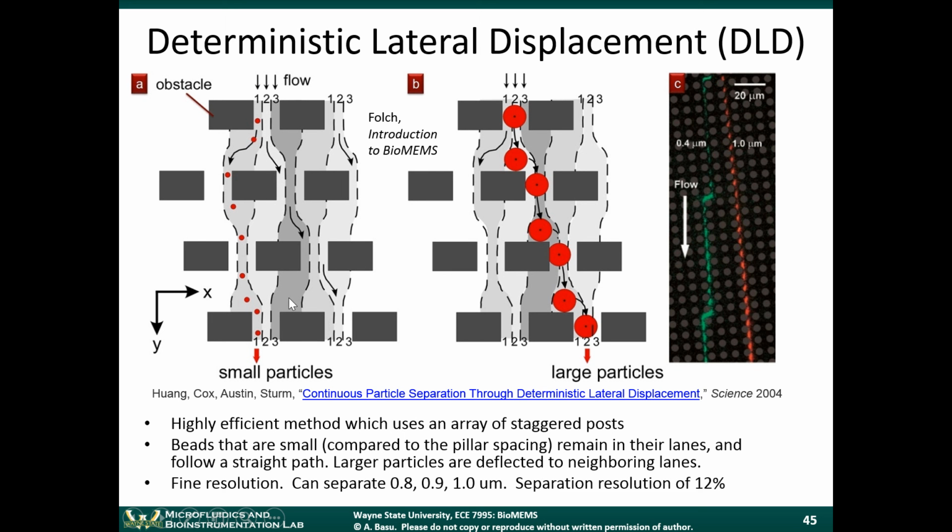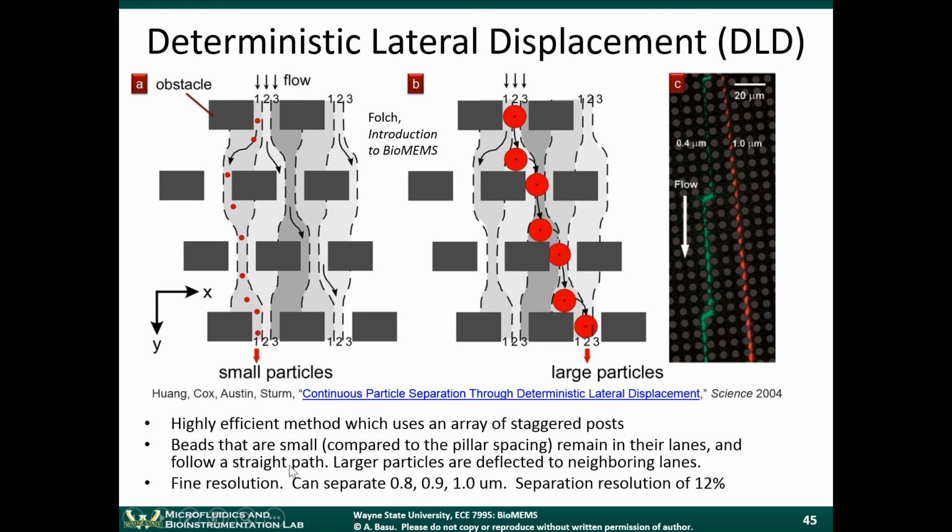So let's compare what happens with a small particle versus a large one. The small particle's center of mass is very close to the channel wall, just like we talked about earlier, whereas with a large particle, the center of mass is farther away from the channel wall. In the case of the small particle, notice that it follows the streamline here. The beads that are small remain in their lanes.